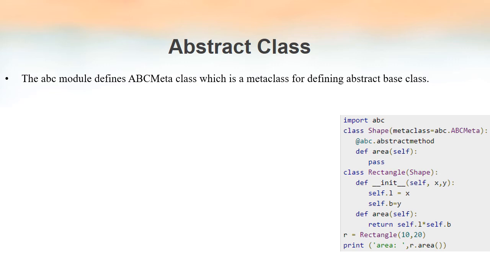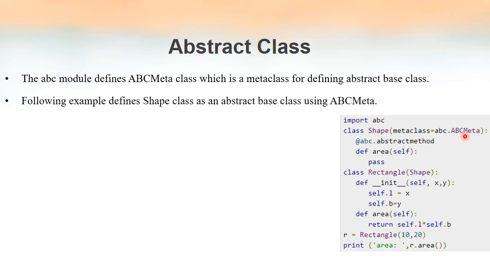As you can see in this example, we have imported the module ABC, and then we are creating a class Shape, and see in the pair of parentheses we are writing metaclass equal to abc.ABCMeta, which means we are declaring this class as an abstract class. So if you want to create an abstract class in Python, you have to remember this step: class name, then in the pair of parentheses metaclass is equal to abc.ABCMeta.